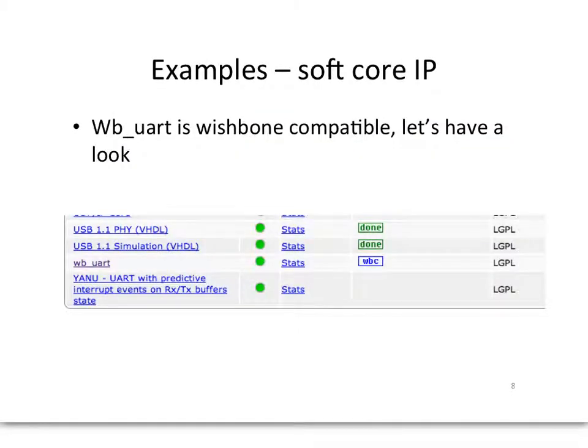If we take a look at one of the soft core IPs that are available on opencores.org, it could be this Wishbone UART, a Wishbone compatible UART that can be implemented, for instance, in our Spartan FPGA. We can see on the web page it is Wishbone compatible with this WBC symbol over here.